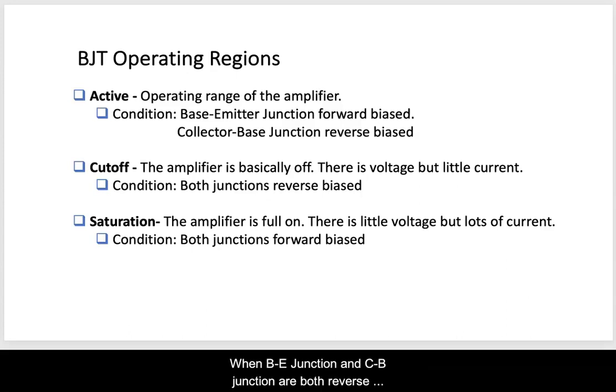When base emitter junction and collector base junction are both reverse bias, the BJT is in cutoff region. When both are forward bias, the BJT is in saturation region. The active region of the BJT is when base emitter is forward bias and base collector is reverse bias respectively.